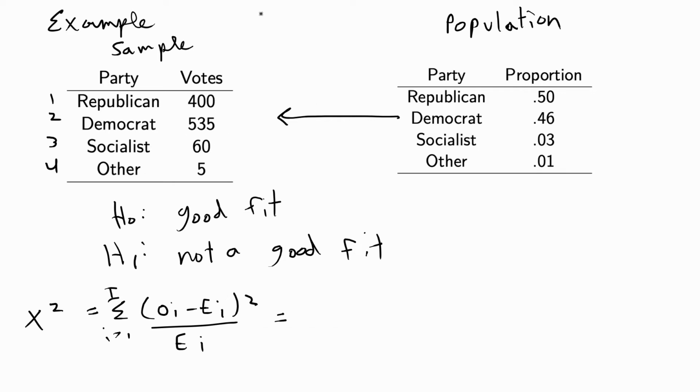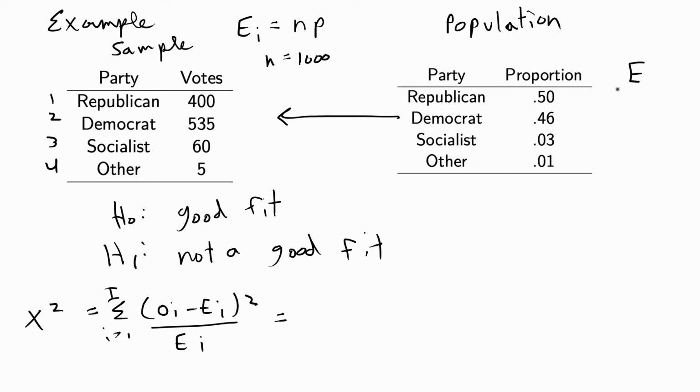The first thing we have to calculate is the expected frequencies for each factor level from the population. That formula is equal to the sample size times the population proportions. The sample size is always going to be 1,000, and the proportions we get from the theoretical population distribution.